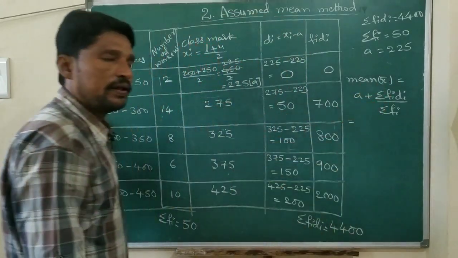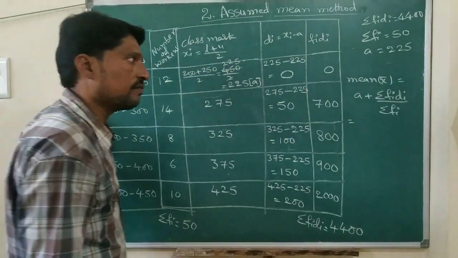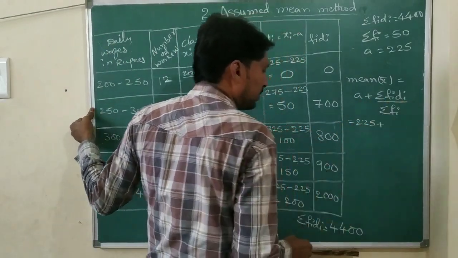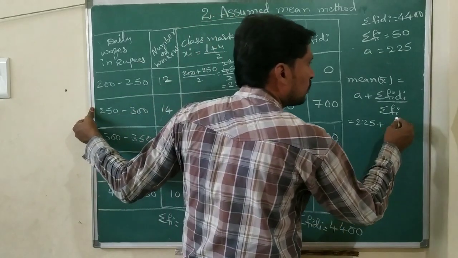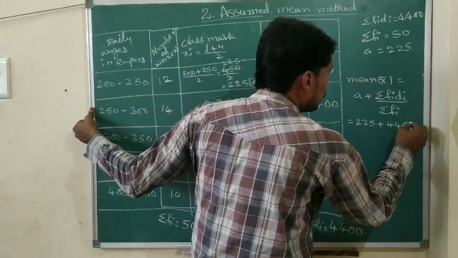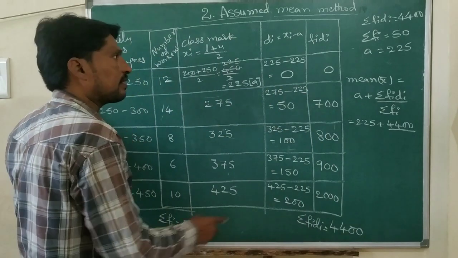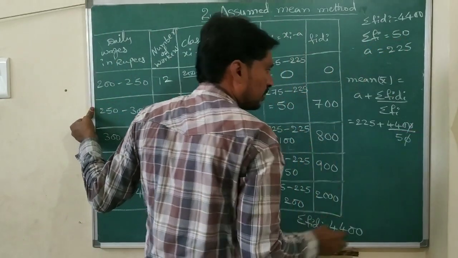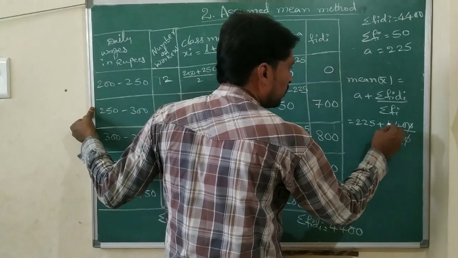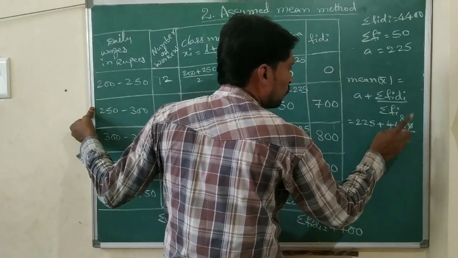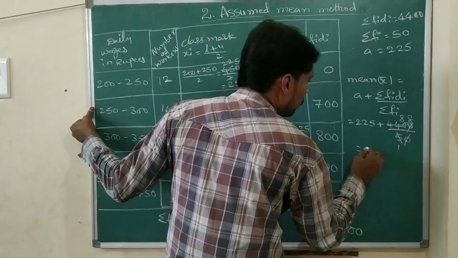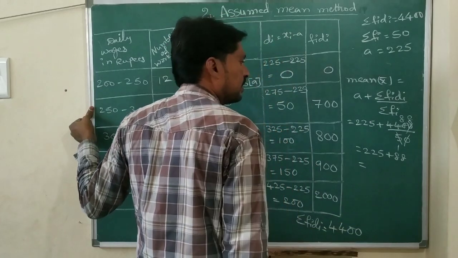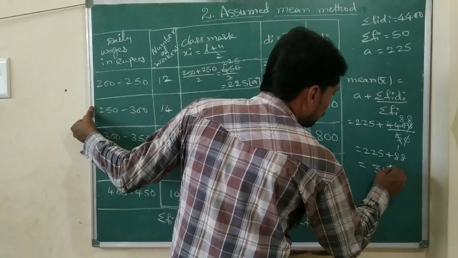Now you can apply the formula. Mean x bar equals a plus sigma fi di by sigma fi. A means 225 plus fi di value 4400 by sigma fi value 50. The zeros get cancelled. 5 ones are 5, 5 eights are 40, so we get 88. So 225 plus 88 is 313.